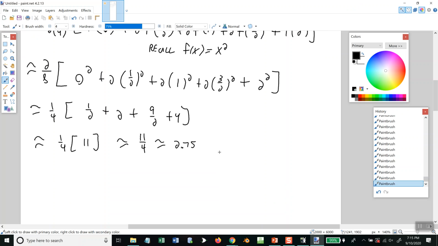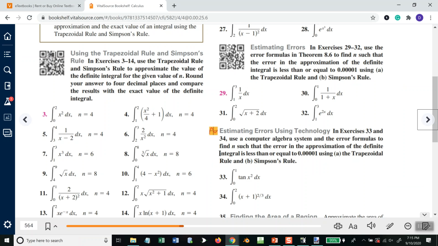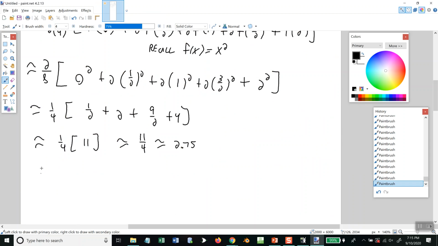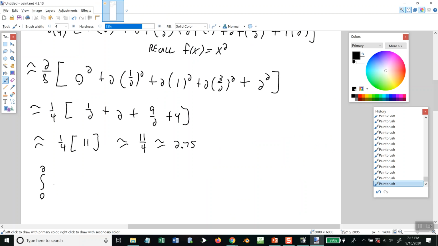Now, if I went back and did that by hand, we would have the integral from 0 to 2 of x squared dx. So add 1 to your power, divide by your new power. Plug those in, and I got 2 to the third, which is 8, 8/3.